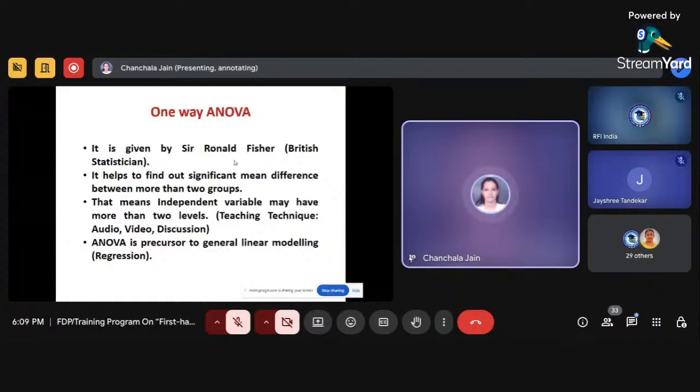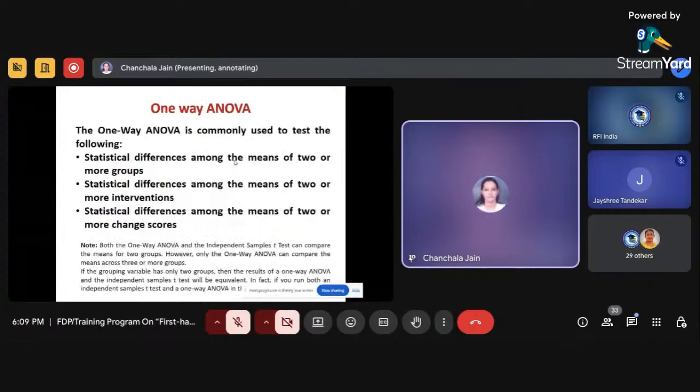So I can say that in case of one-way ANOVA, you need to have two variables, right? Now, generally we use ANOVA when we are finding the significant difference among two or more than two groups, right? Then we are interested to find statistical difference among two or more interventions or two or more change scores.